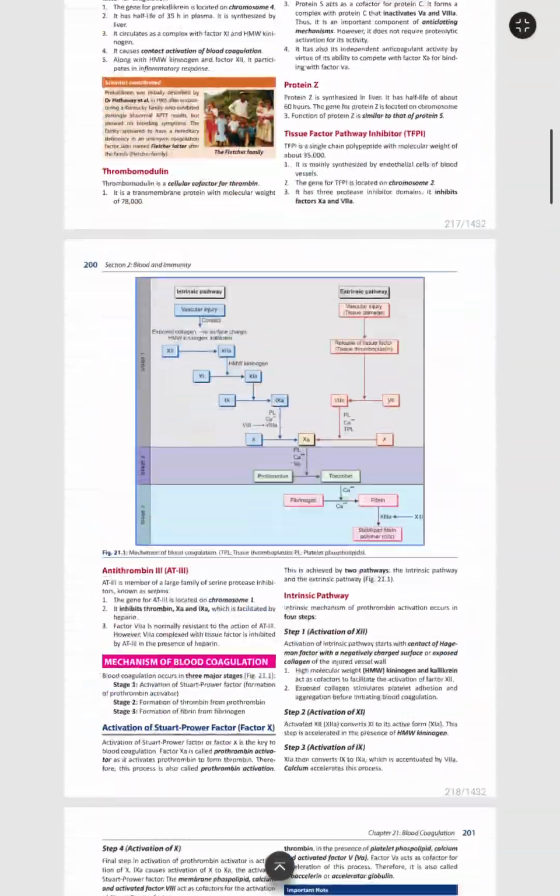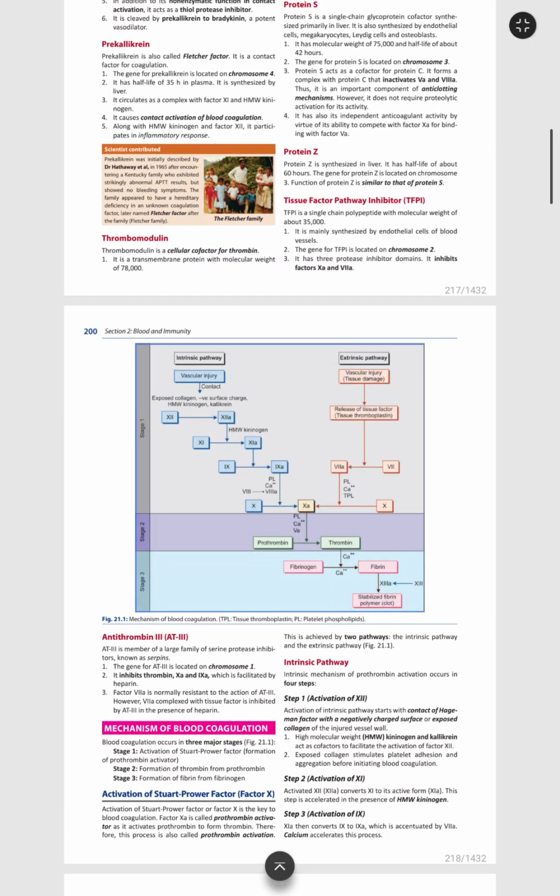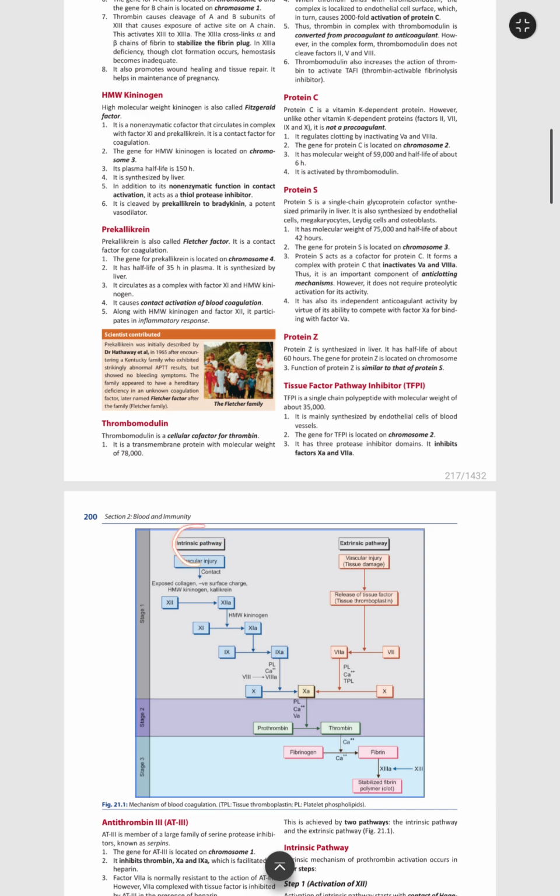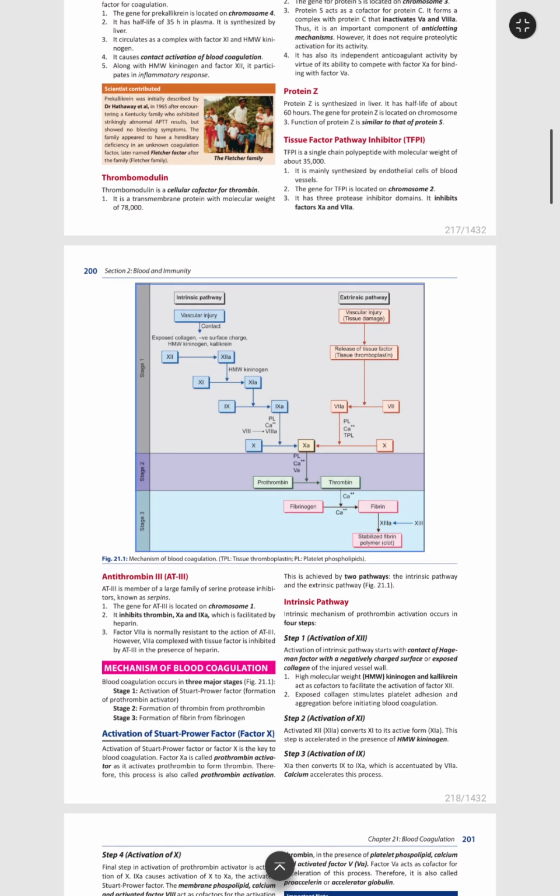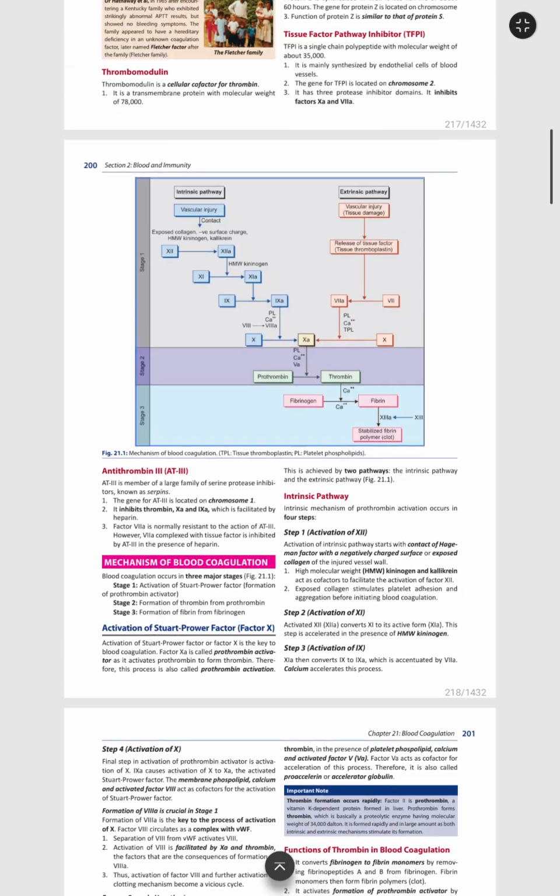So there are two pathways: intrinsic pathway and extrinsic pathway. The intrinsic pathway is vascular injury, and the extrinsic pathway is tissue damage. Now exposed collagen, negative surface, and HMW, I always forget it.